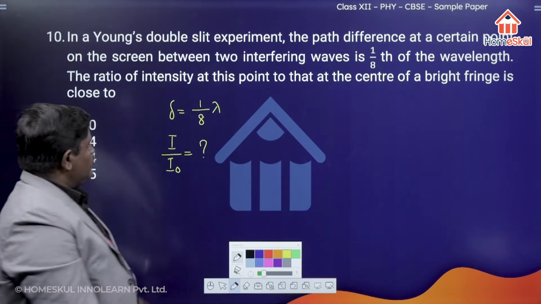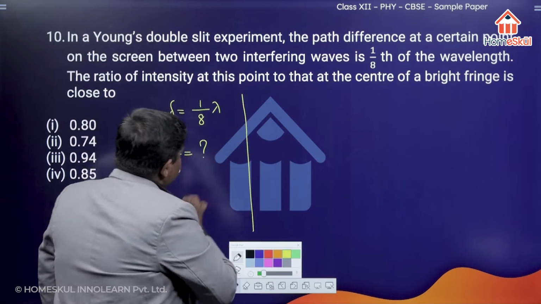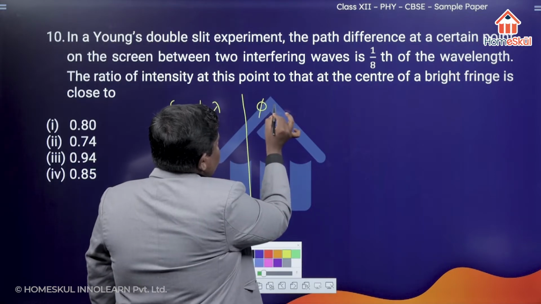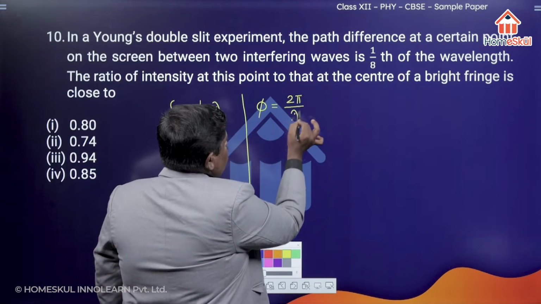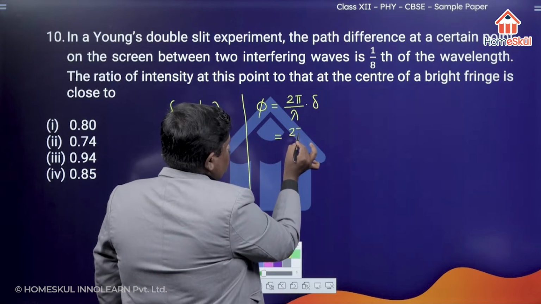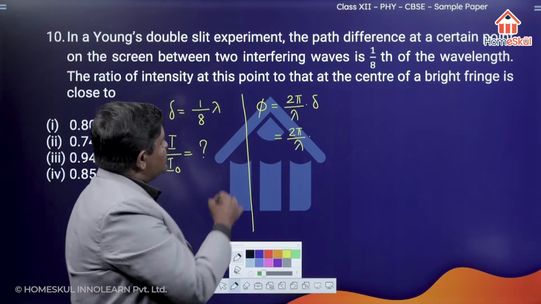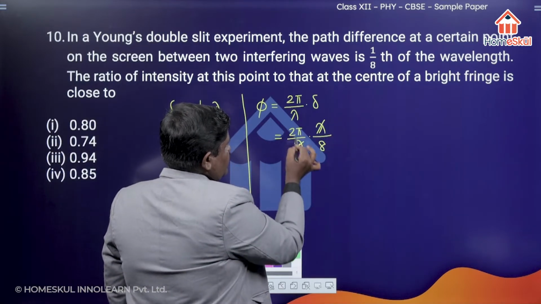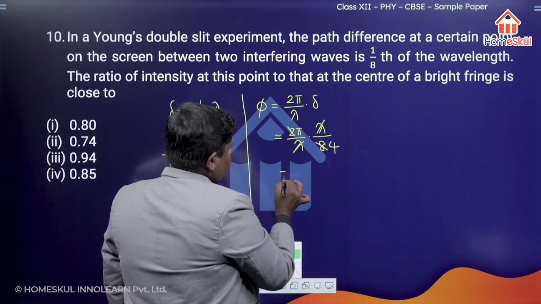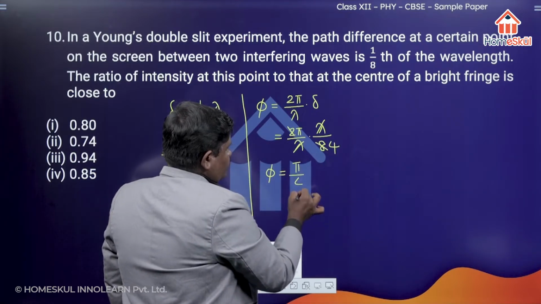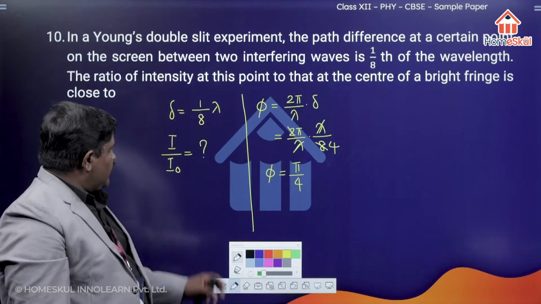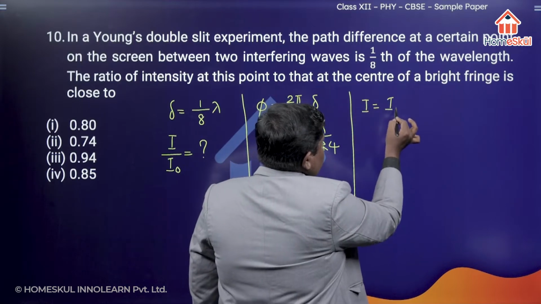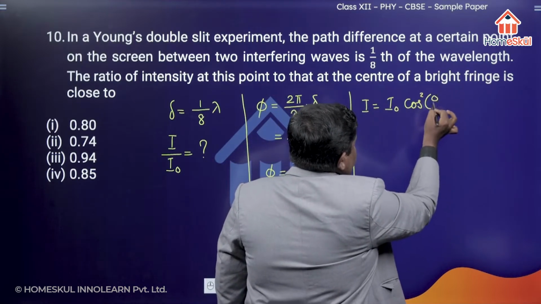For that we have to first find out the phase difference. We have the equation for phase difference, phi equal to 2 pi by lambda into delta. That is equal to 2 pi by lambda into delta, which is 1/8 of the wavelength, therefore lambda by 8. So lambda gets cancelled, 2 and 8 get cancelled, we get 4, that is phi equal to pi by 4. Now we have to write the equation for intensity, that is I equal to I0 cos square phi by 2.